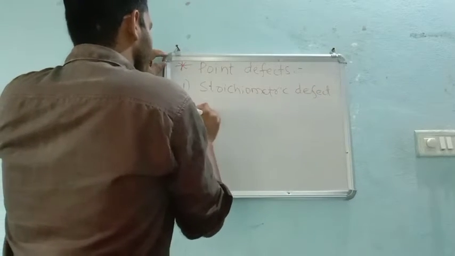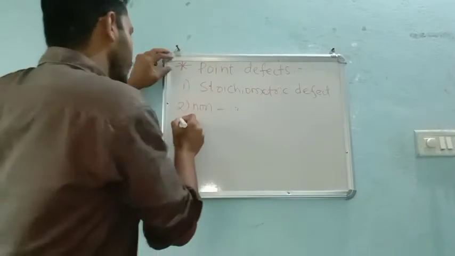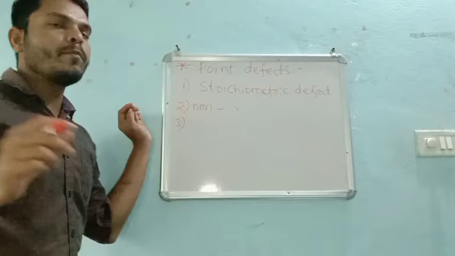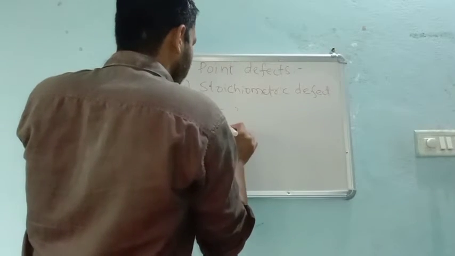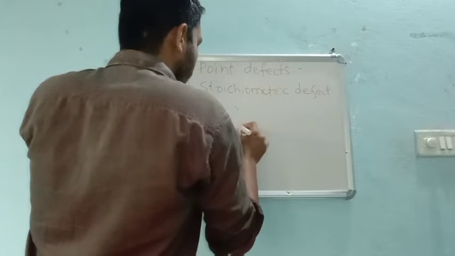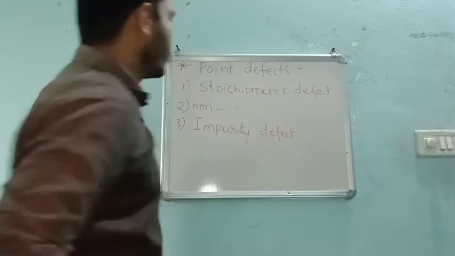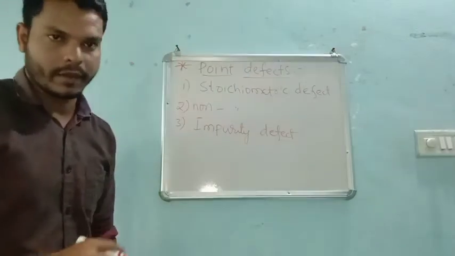The second one is the non-stoichiometric defect. And the third one is the impurity defect. This is again very important. These are the three types of defects we see in point defects.